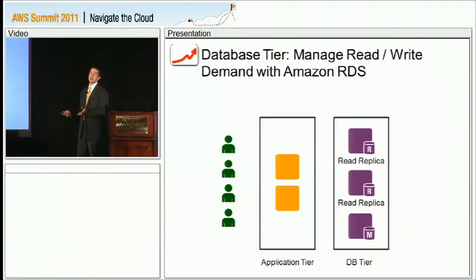That takes a lot of I/O problems off of your database. It can handle mainly just writes. And so you can continually scale up those read replicas as you need to if your application is I/O bound on the database side. That's really a nice feature, and it's really simple to do.